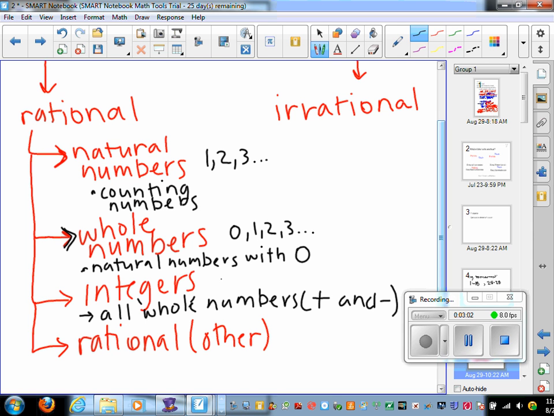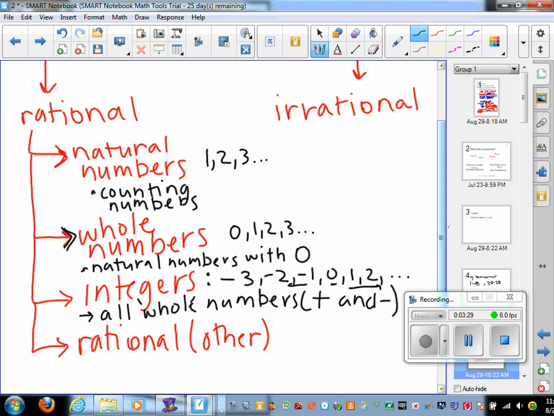So you're going to have negative 3, negative 1, 0, 1, 2, and so on. So these are still solid numbers, no decimals, no fractions, that include 0, positive numbers, and negative numbers. Think of adding and subtracting integers, what we did yesterday, where we worked with positives and negatives.